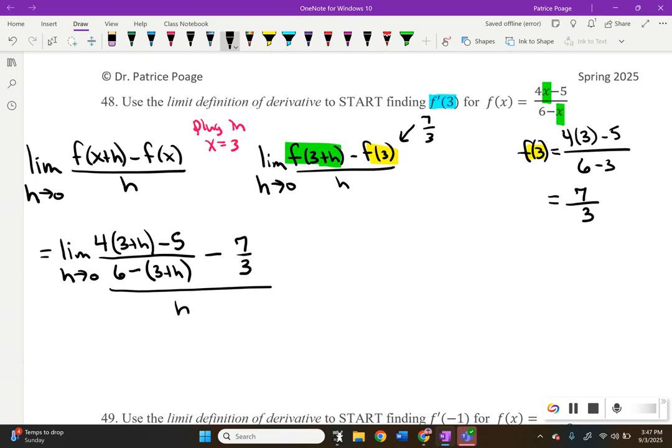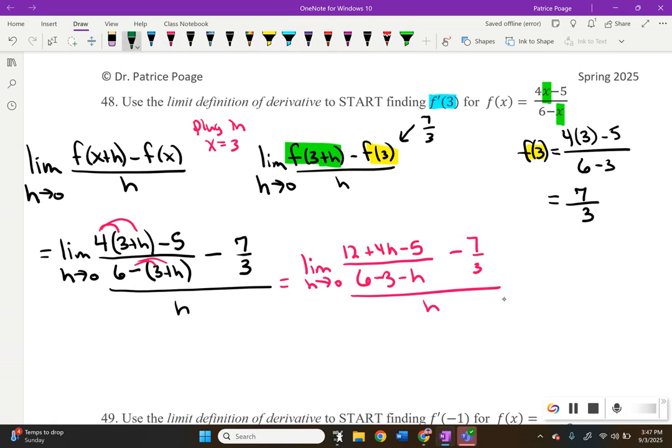So I can distribute right there, and I'll have the limit as h goes to 0 of 12 plus 4h minus 5 over 6. Right here I can distribute the negative sign: minus 3 minus h minus 7/3 over h.